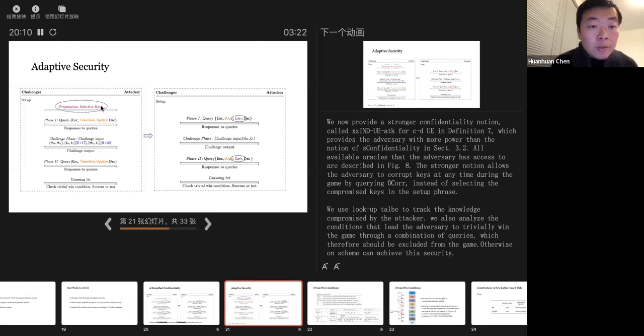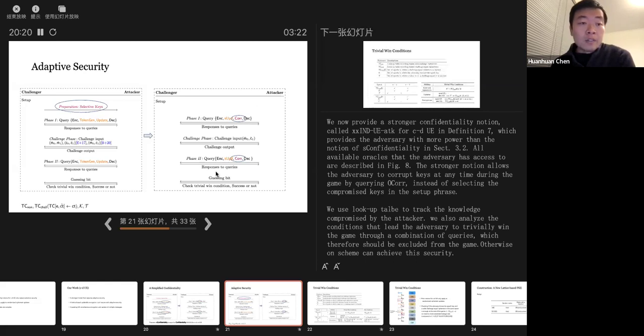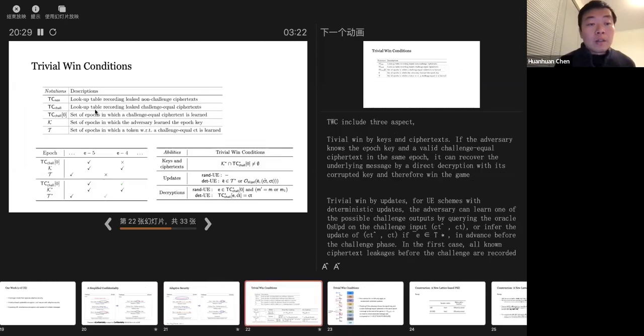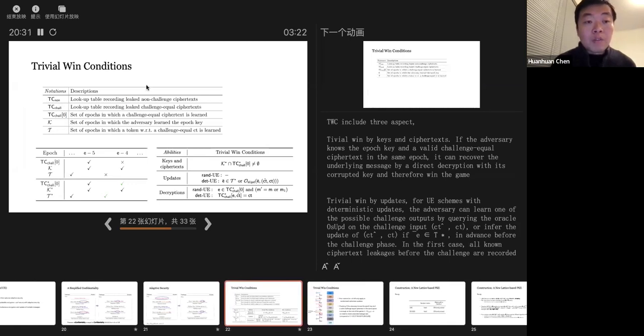For selective security, the trivial win conditions can be easily captured. But for the adaptive security level, we should carefully analyze the trivial win conditions. That is the most difficult part of this definition. We also use trivial win lookup tables to record all the knowledge known to the adversary.